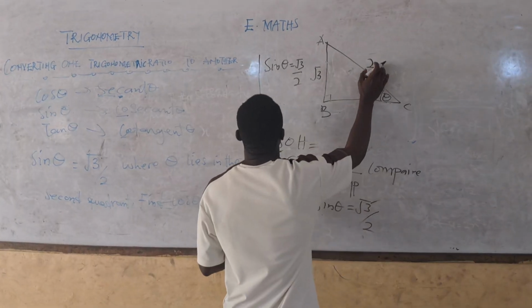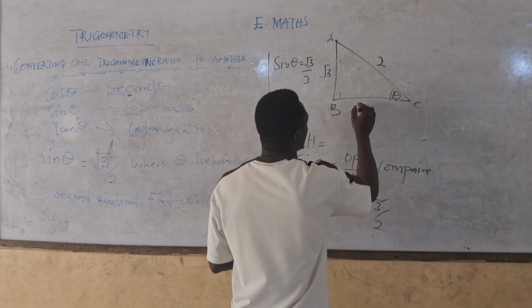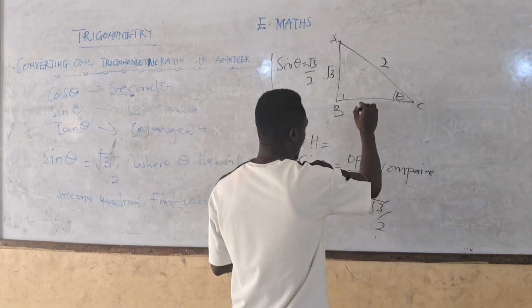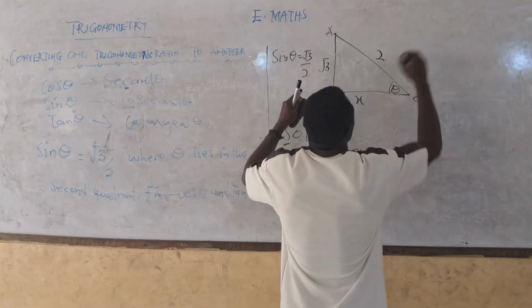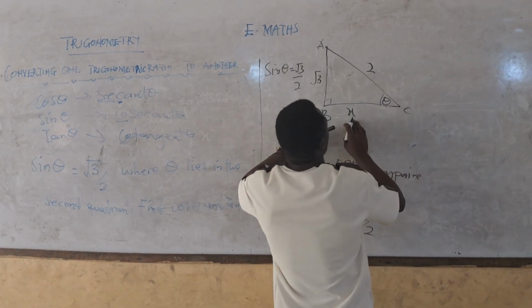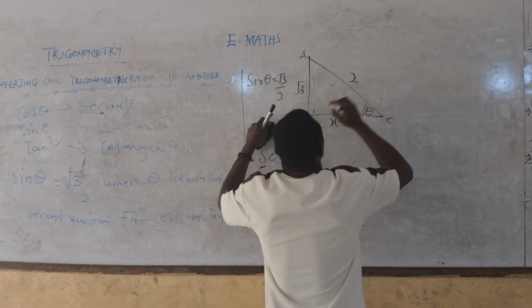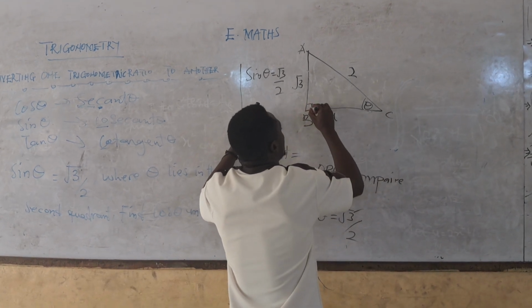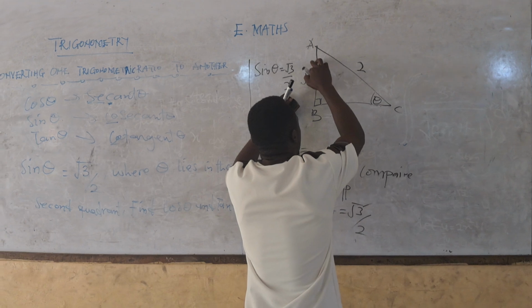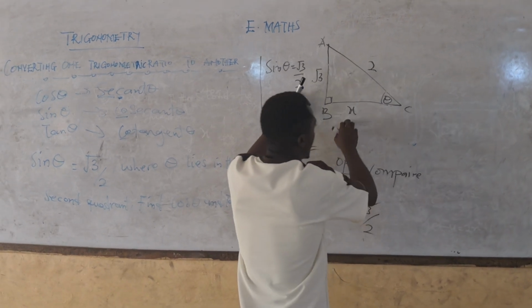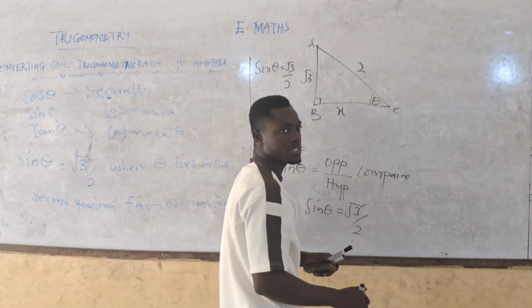Now we know this side, so we have to look for the other side, the length of BC. To find BC, we use the law of Pythagoras, which states that the sum of the squares of the opposite and the adjacent gives you the square of the hypotenuse.